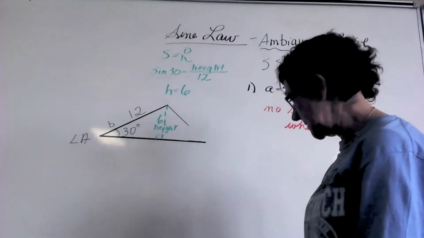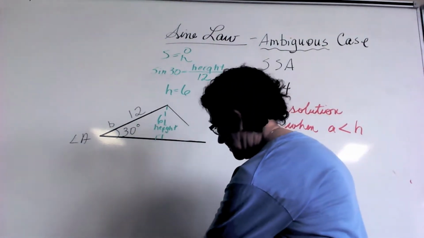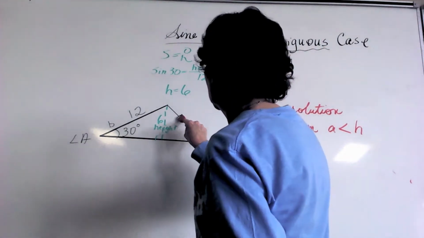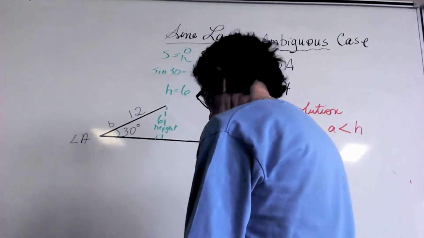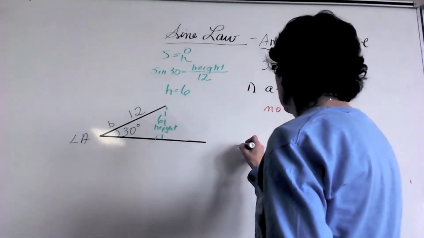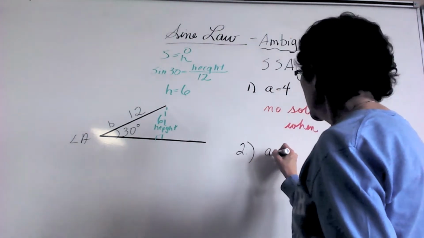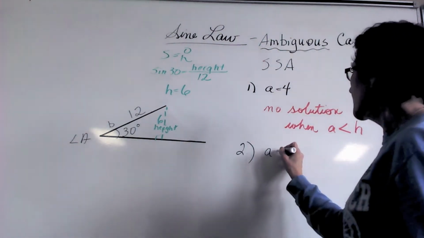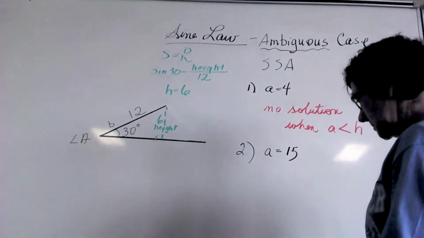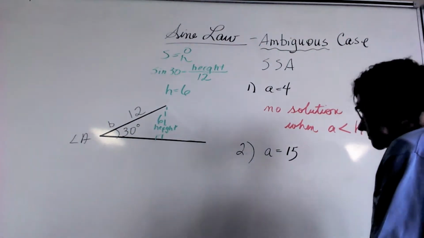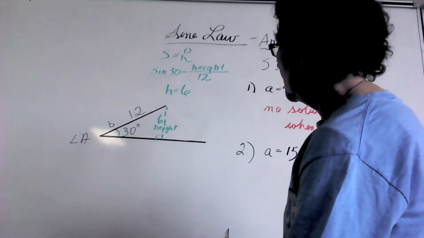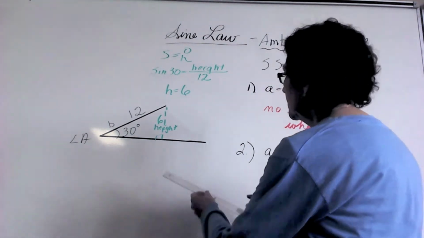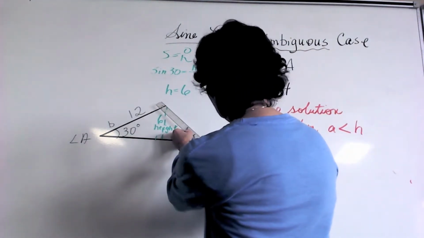Okay, let's erase that data and try another one. Number 2. We're going to make A 15 units of measure. So it's going to be longer than the 12.